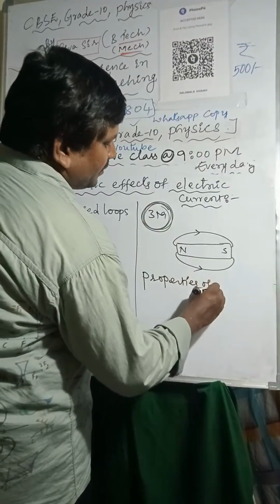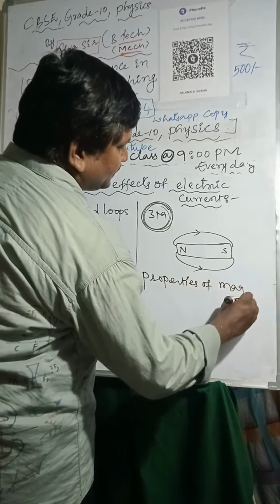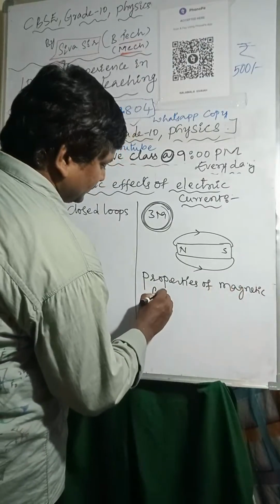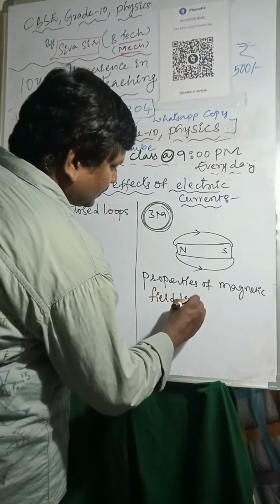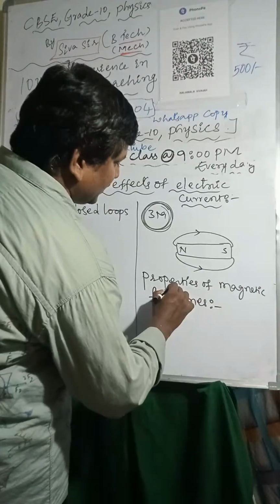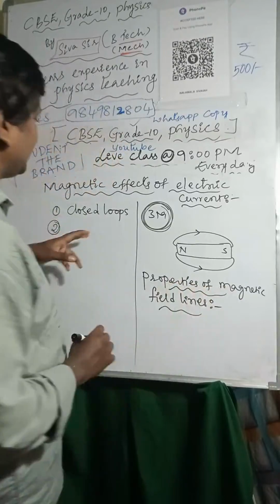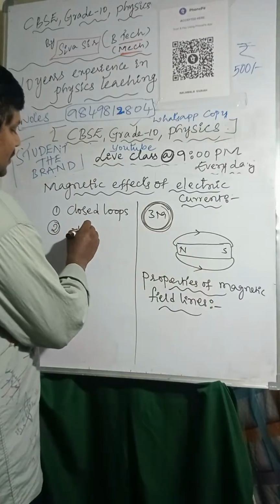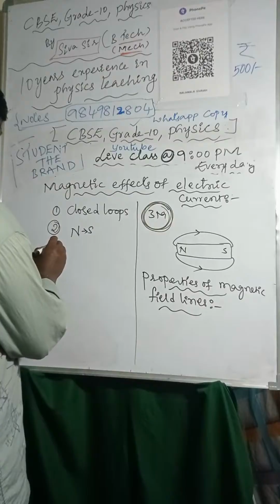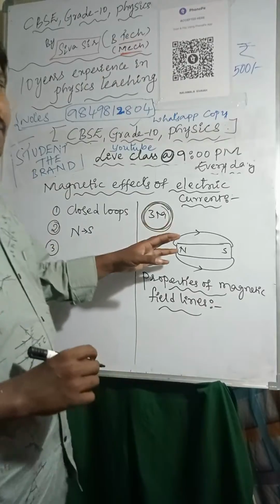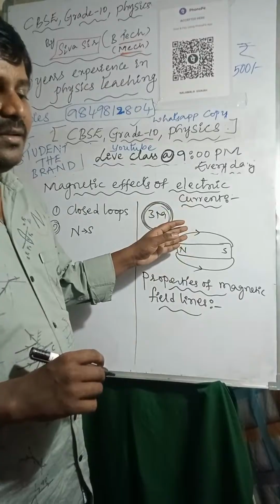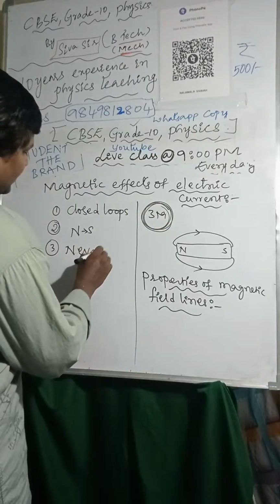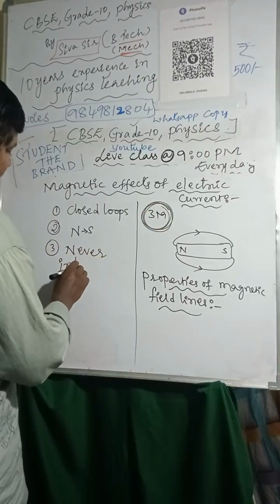First, these are closed loops. Second, they start from north and reach south. And third, these magnetic field lines never intersect.